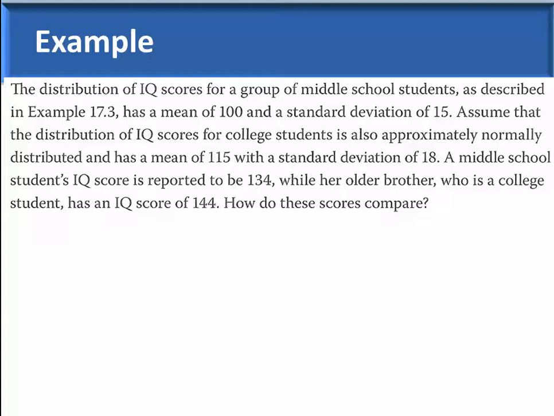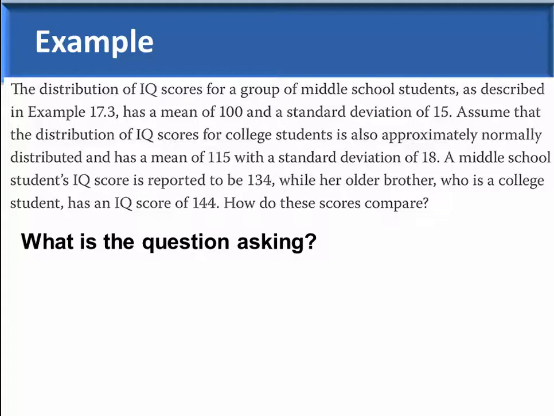So to summarize this and look at what the question is asking, we have information for college students, one particular college student, and also the mean and standard deviation for all college student IQ scores. And we have the same set of information for a middle school student, that one student's IQ score as well as the mean and standard deviation of all IQ scores for middle school students.